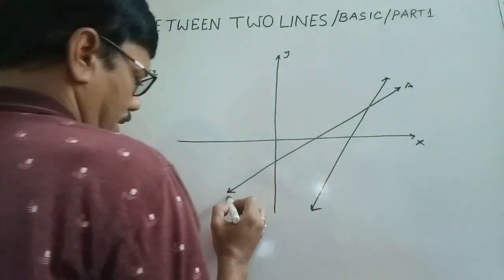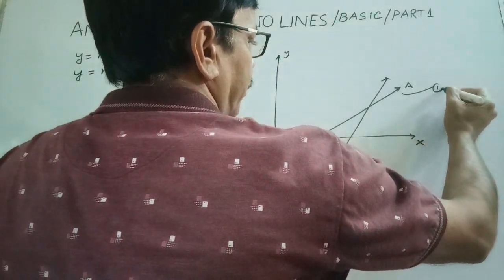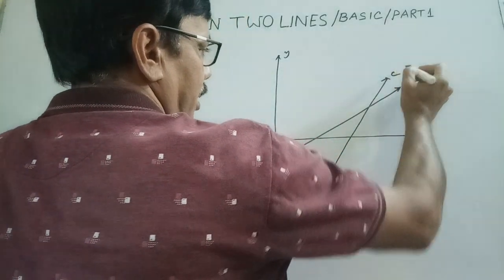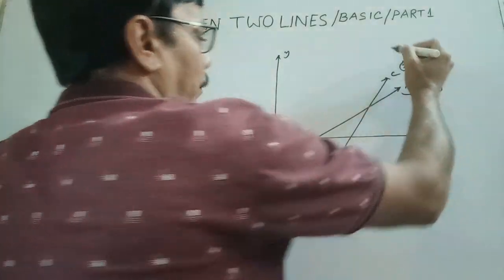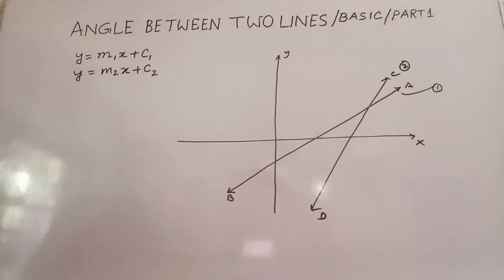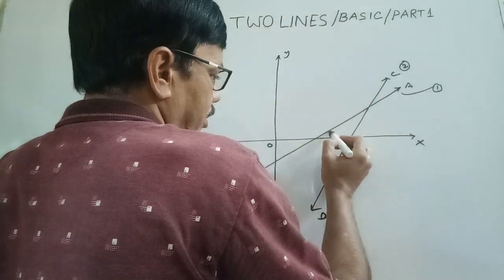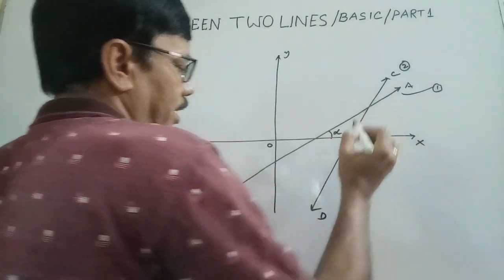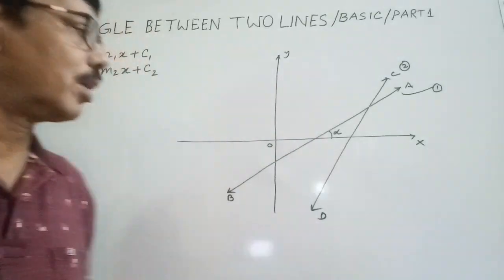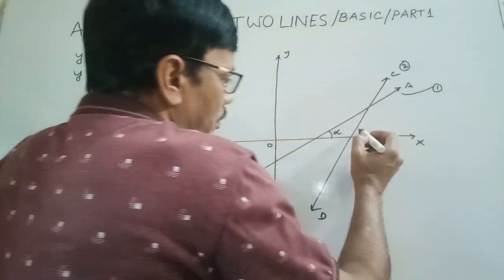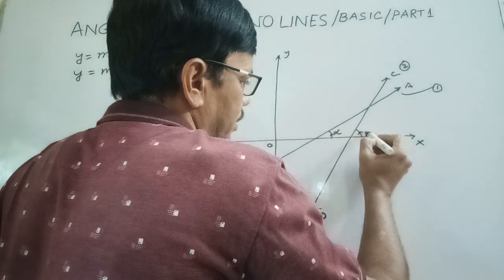So AB represents line 1, and CD represents line 2. Now we know the angle made by a line with the positive x-axis is the angle of inclination. The angle of inclination is alpha for the first line. For the second line, the angle of inclination is beta.